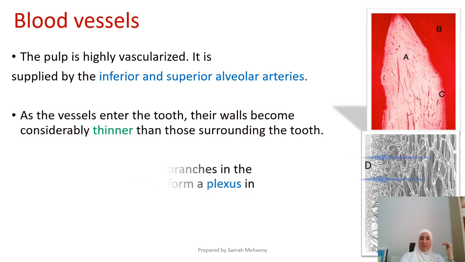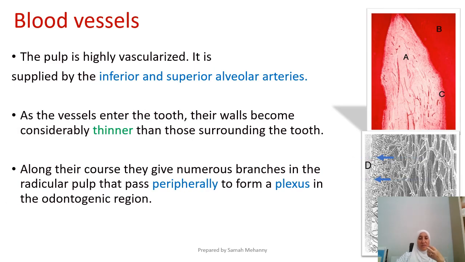The blood vessels, of course, begin at the foramen as thick arteries, then get thinner toward the odontoblastic layer or toward the periphery of the pulp, and even the wall gets thinner.